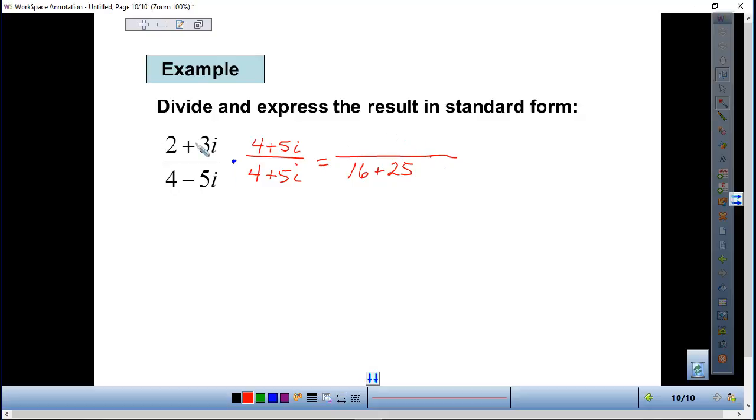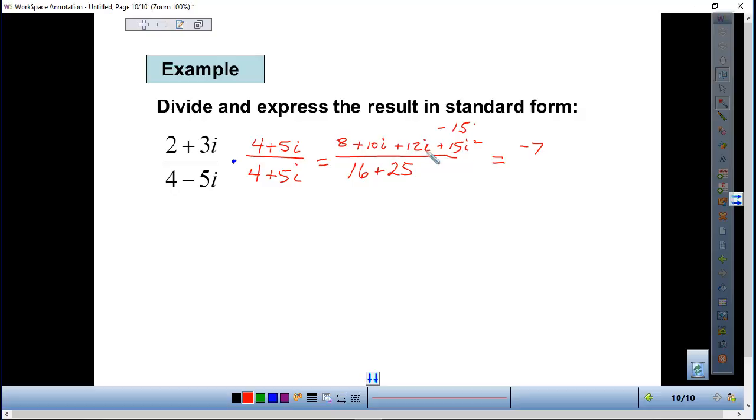And then on top, we've got 2 times 4, which is 8. 2 times 5i is plus 10i. 3i times 4 gives us plus 12i. And then 3i times 5i gives us plus 15i squared, which with the i squared becomes minus 15. And then when we go to simplify, we've got 8 minus 15, negative 7.